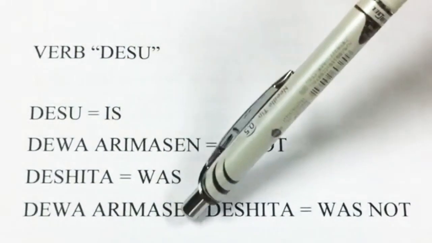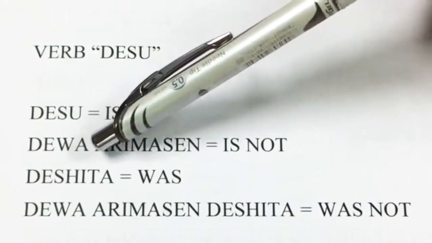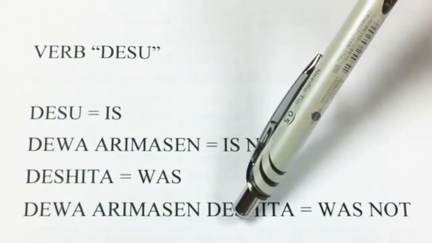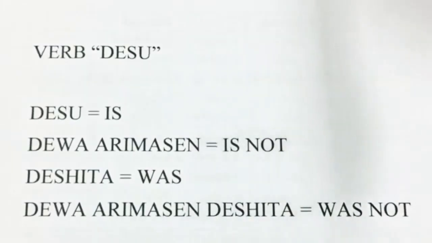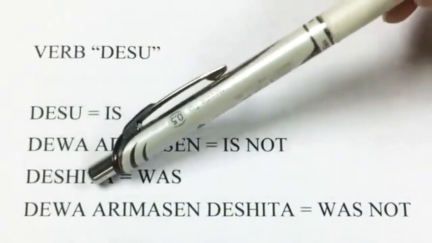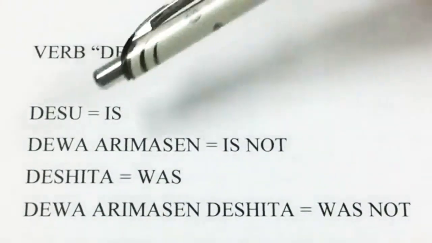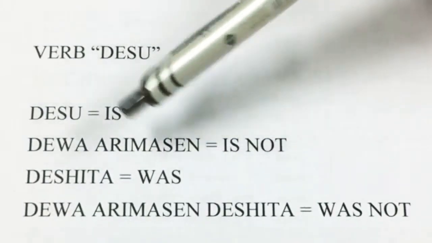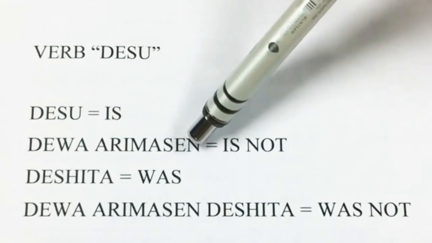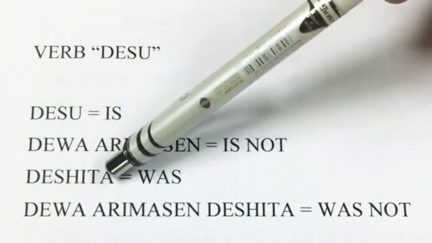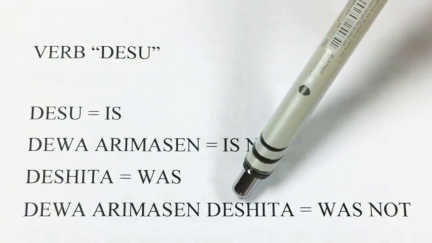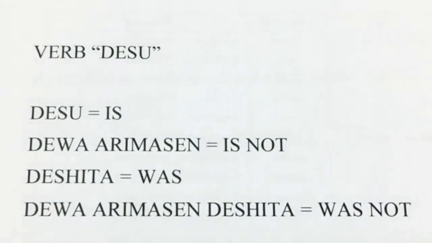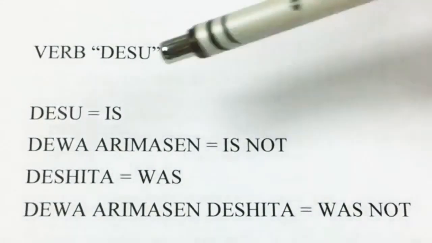You can see that this is a combination of dewa arimasen and deshita. So this is a past negative. So we have just only 4 forms of this. Please memorize all of them by now. This, present, dewa arimasen, present negative, deshita, past, and dewa arimasen deshita, past negative. Can you do that? Can you memorize all the forms?